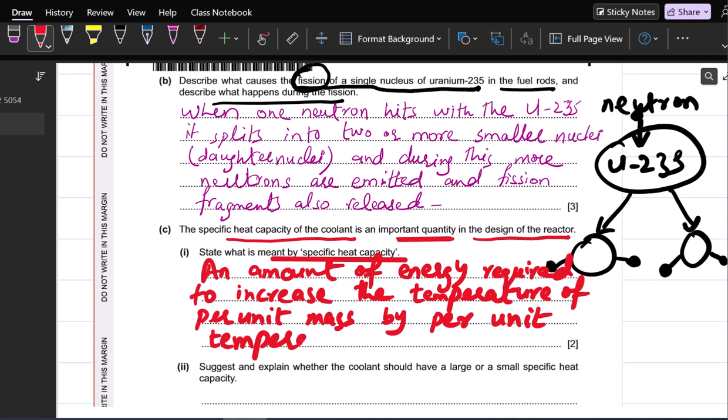So this is one statement. You can remember a much better statement than this as well.